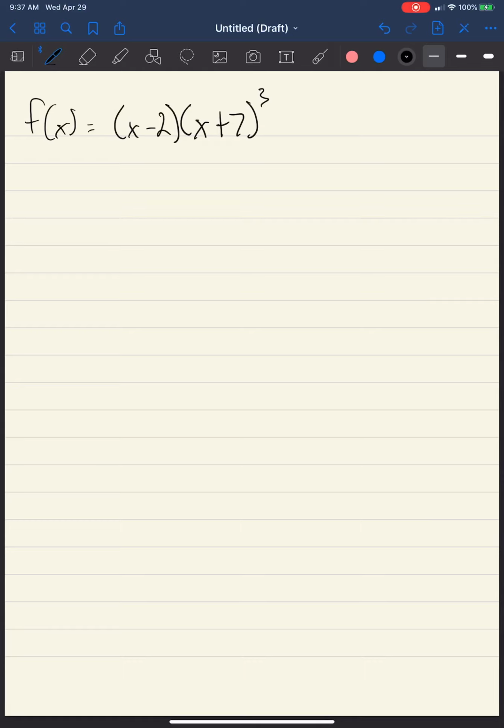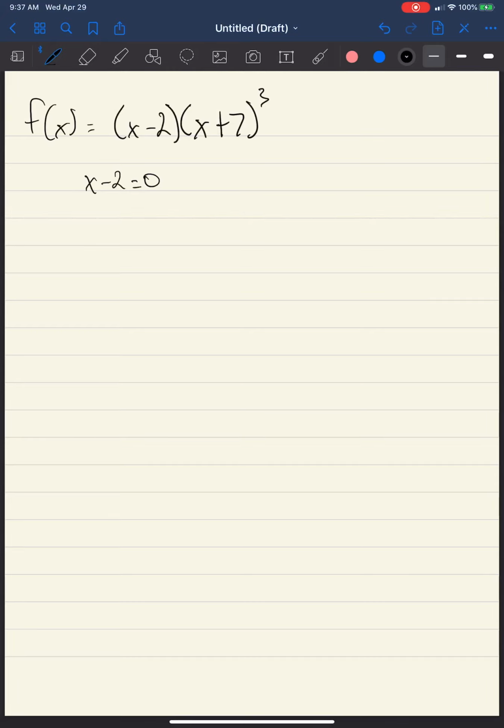So first, when we factor this out, or when we set everything equal to 0, we have x minus 2, and then we have this x plus 7 cubed. So how many times do you think we're going to write out x plus 7?